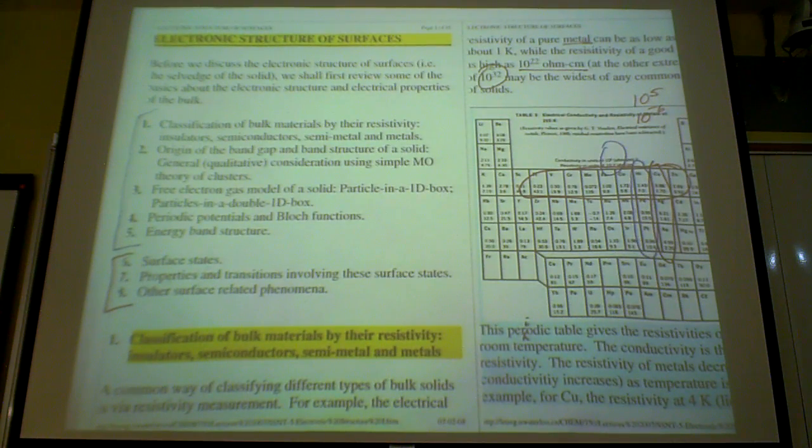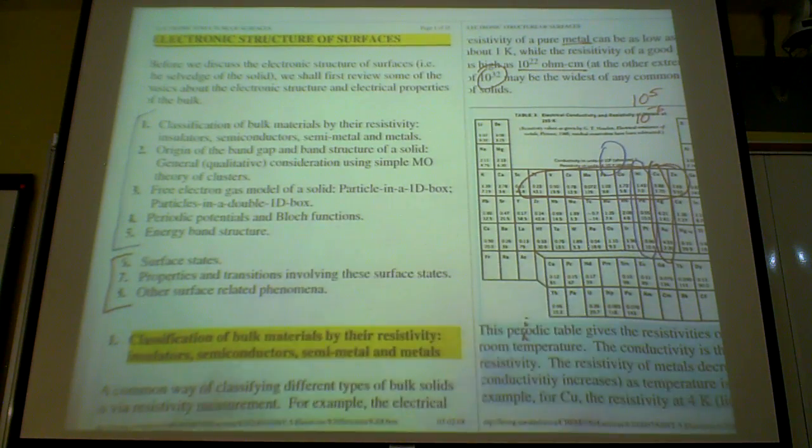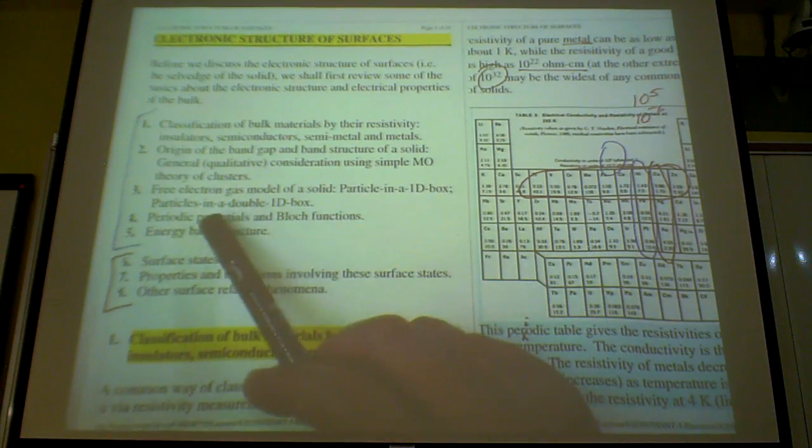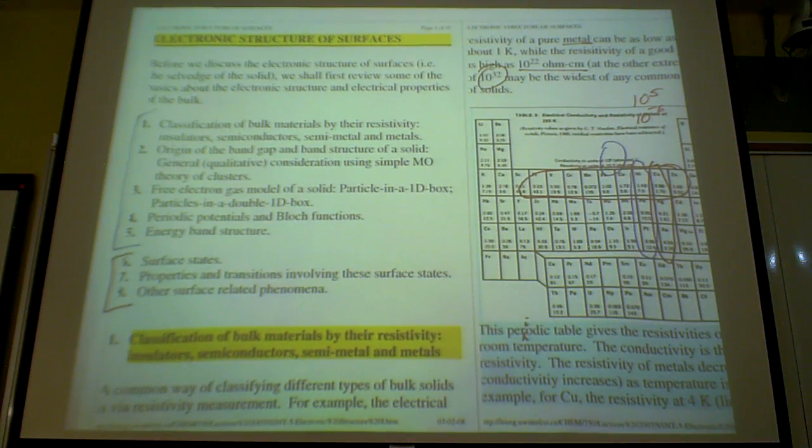And then I'd like to introduce periodic potential and the concept of Bloch function, because as you know from module 2 about physical structure, the hallmark of a crystal is of course periodicity, right? Physical location of different atoms. So how do you describe physical location of atoms?